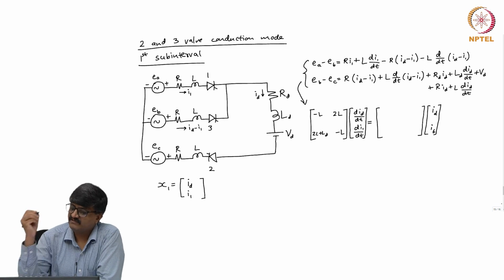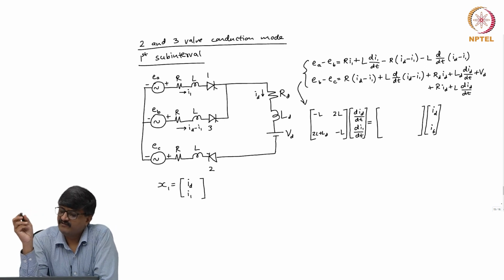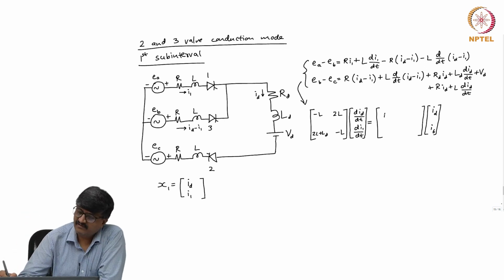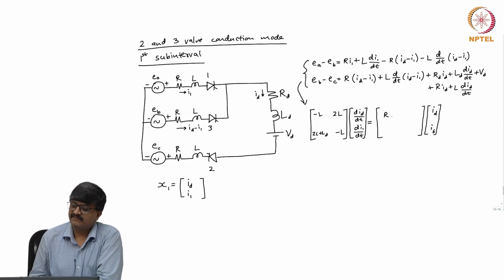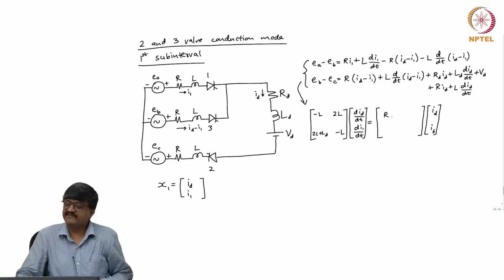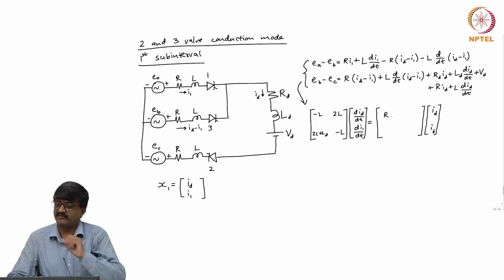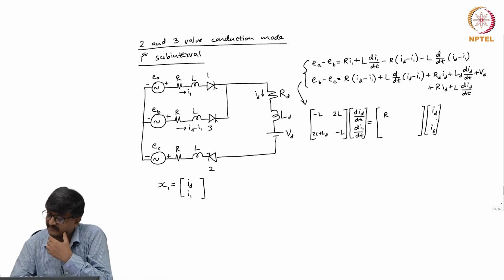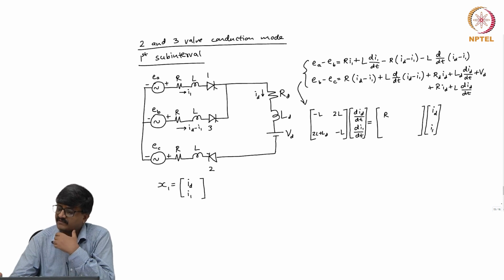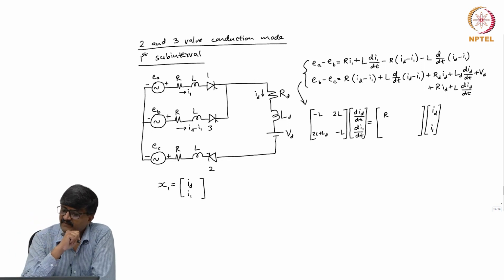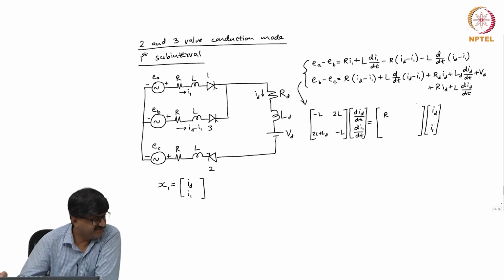In the first equation, the coefficient of ID is R and the coefficient of I1 is minus 2R.